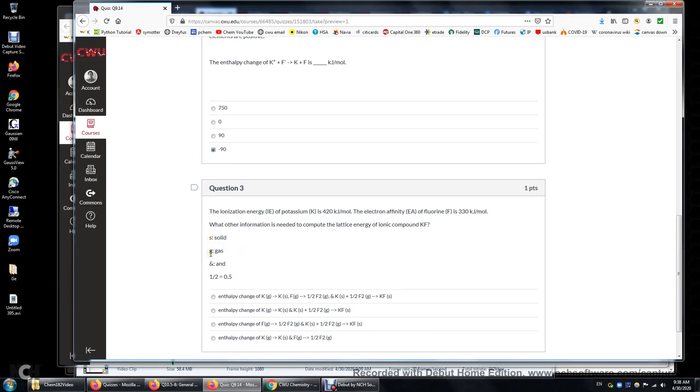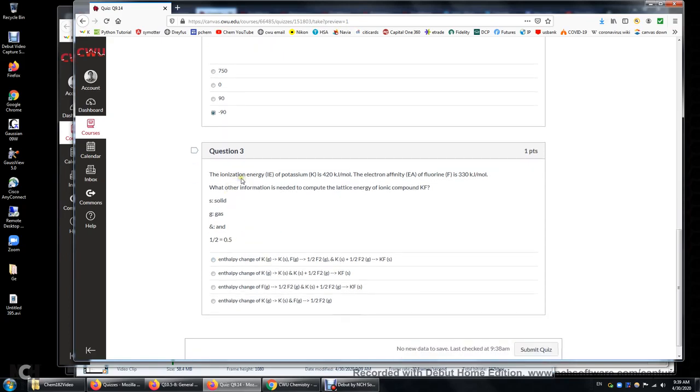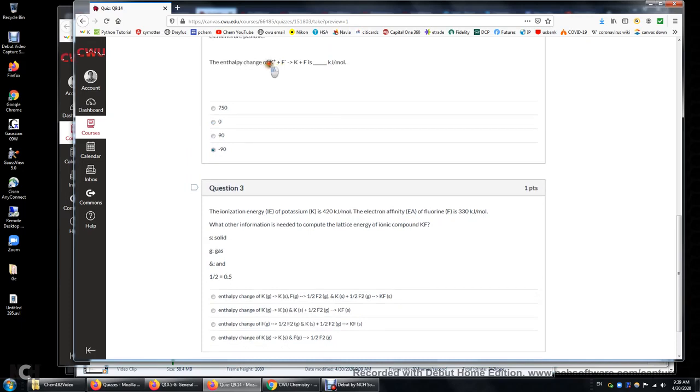You have solid, gas, and the ampersand means 'and', and 1/2 equals 0.5. The ionization of potassium is this much. The electron affinity is given. So really what we can do is compute this. But we're not done yet. How do we compute the lattice energy of the ionic compound KF?